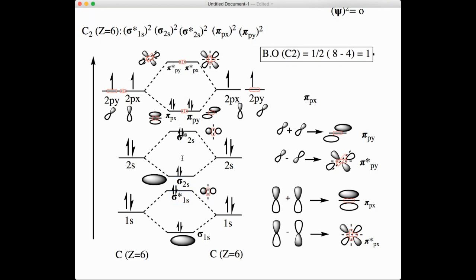We have 2 here and another 2 here. That's 4. So the bond order is 2, meaning that a C2 molecule is likely to be found. There might be double bond character between these two carbon atoms, meaning that the bond between them is strong and it will be shorter as compared to a single bond. Okay, so any questions so far?